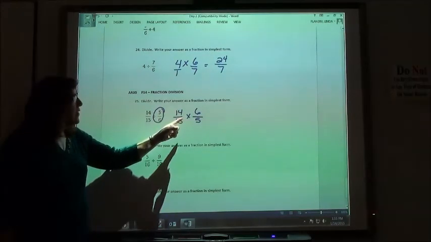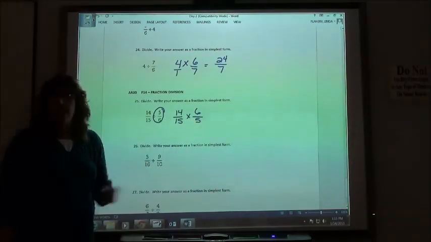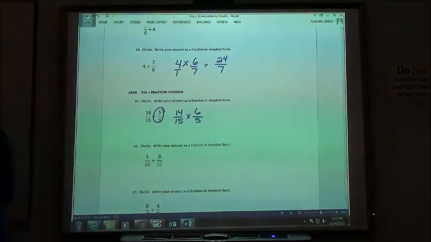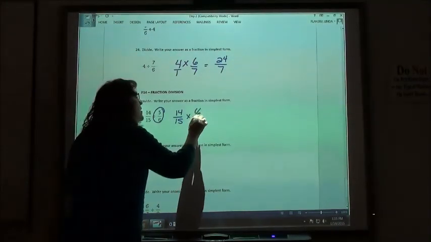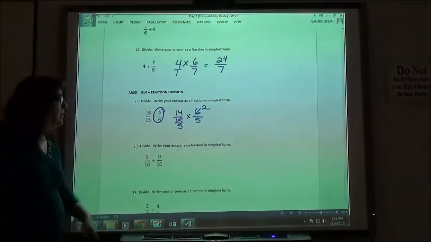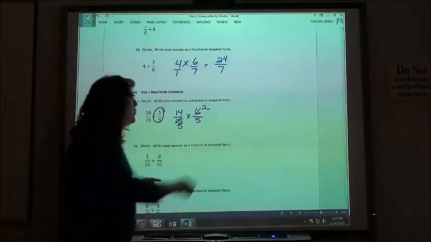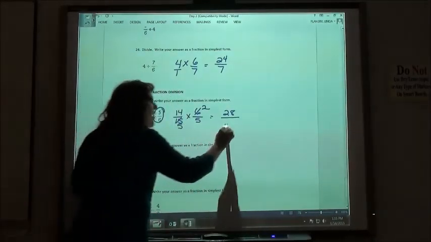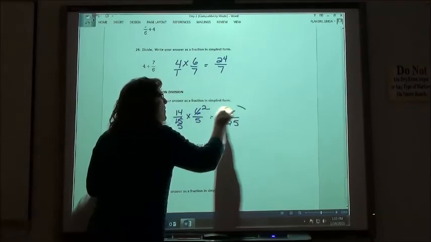Now on this one, if I look, the 14 and the 5 don't have anything where I could reduce it, but the 6 and the 15 I can reduce. 6 and 15 both have what for a common factor? 3. So I can reduce it down. 3 goes into 6 2 times, 3 goes into 15 5 times. 14 times 2, 28. 5 times 5, 25.